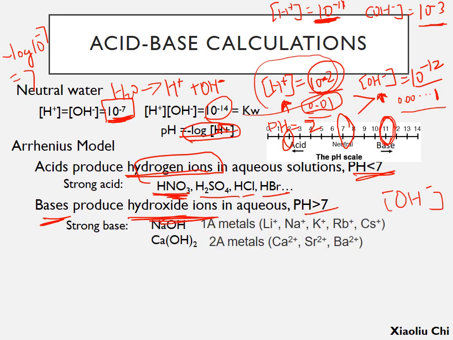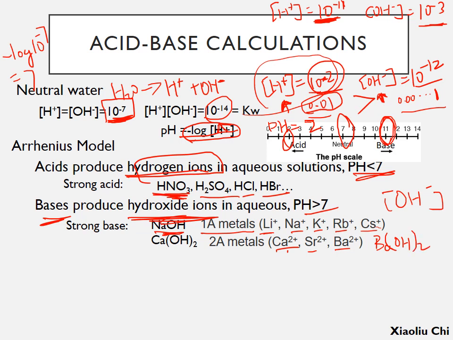So here is a list of strong bases. Sodium hydroxide. Group number 1 metals, for example, lithium hydroxide, sodium hydroxide, potassium hydroxide, rubidium, cesium hydroxide. These are all strong bases. Second group: calcium, strontium, barium hydroxide. For example, barium hydroxide.